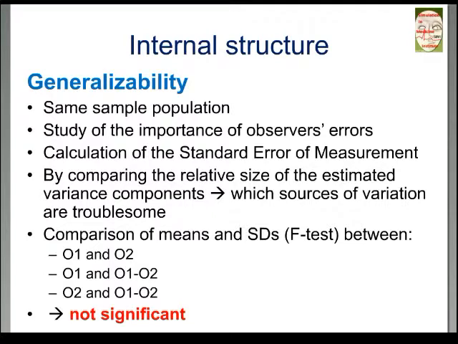One approach can be the comparison firstly between each observer for the means, t-test, and the standard deviation, F-test, and secondly, each of the observers with the mean value of observer 1 and 2 for the means and the standard deviations. Obtaining non-significant difference is a further guarantee of the generalizability of the scale.